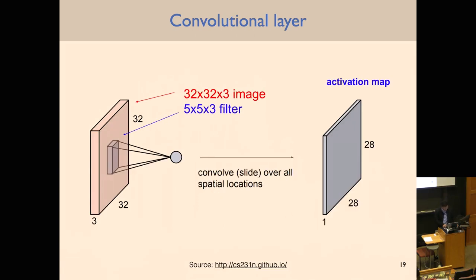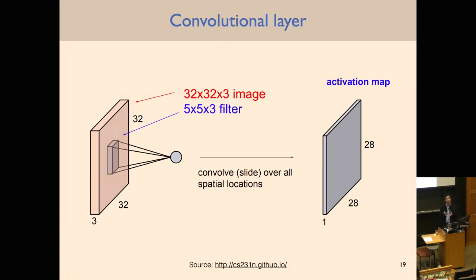Okay. And you do this at every location. You take the kernel, this filter, and you slide it along the image. For every location, you get one number, the number you get when you take the dot product. At the end of this operation, you end up with a 28 by 28 by 1 array. You're losing dimension in this case because we're not padding the image.